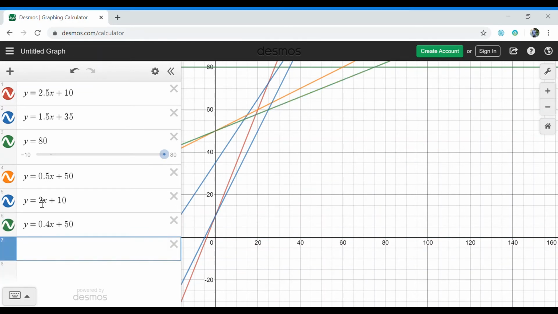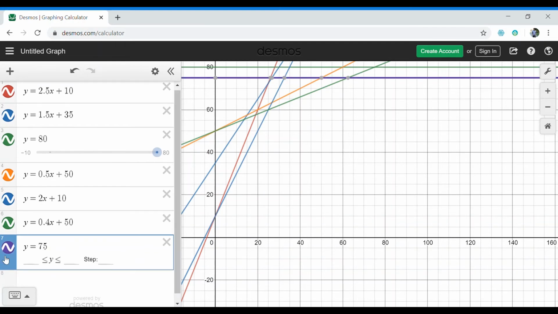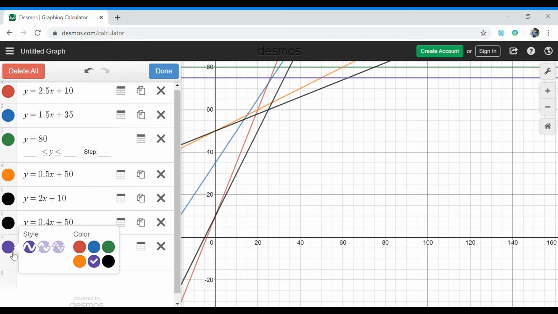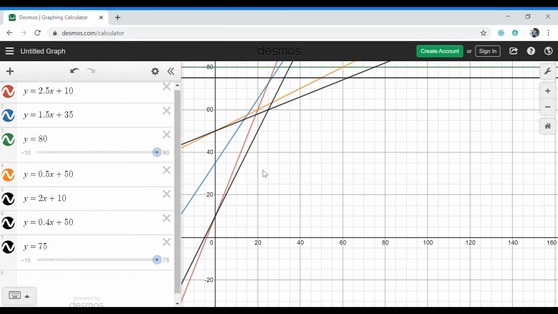And the last one was y equals 75. So I've got three new equations. Just to make sure that these three equations do not confuse us in the graph, I'll try and color them the same. So this one, I'm going to make it black, this black as well, and this is going to be black as well. All right, so this is going to be a new pricing model.